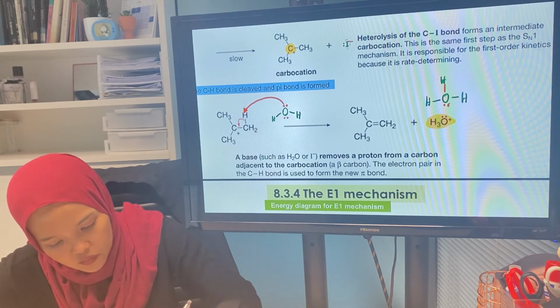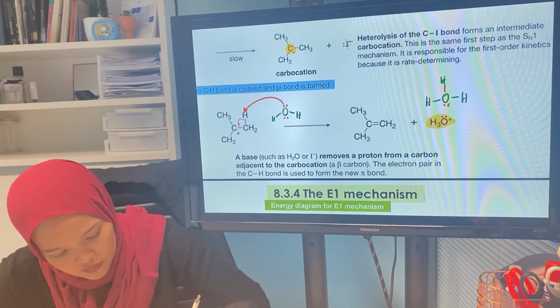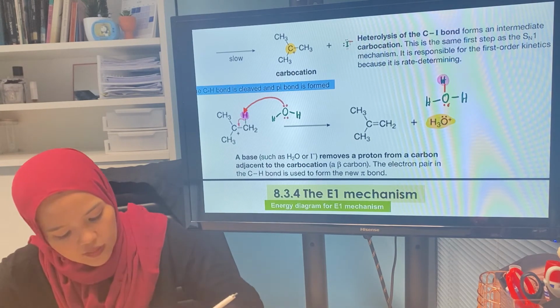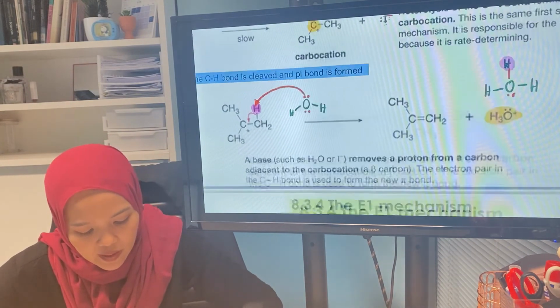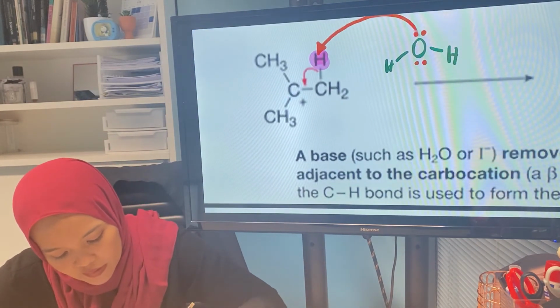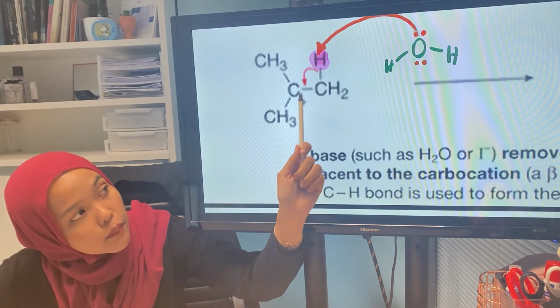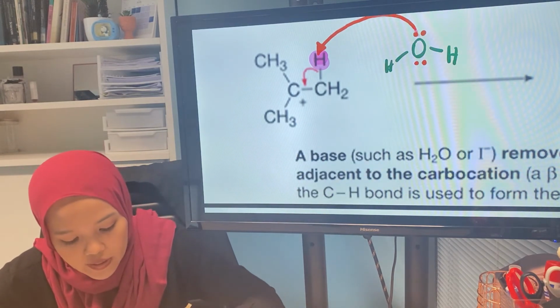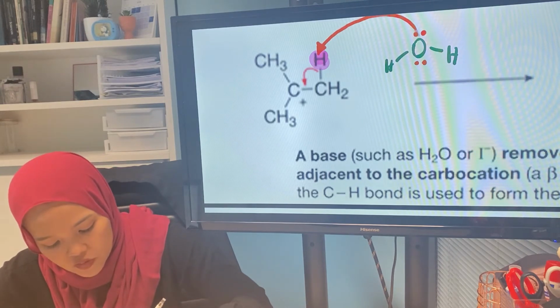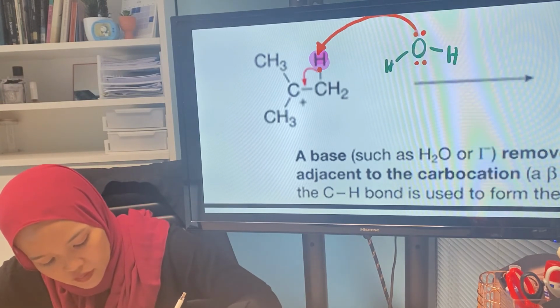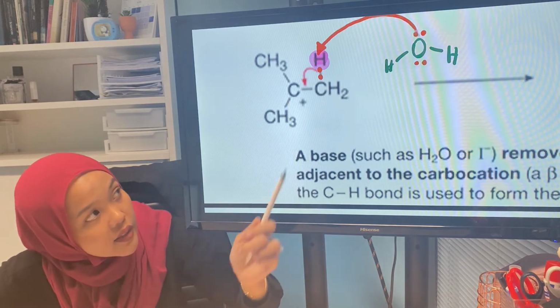This is the new hydrogen, which is this one. Now if the hydrogen wants to make a bond with the H2O, it must break the bond between the carbon and hydrogen. So what happened is that there are 2 electrons actually, right, in the bond.